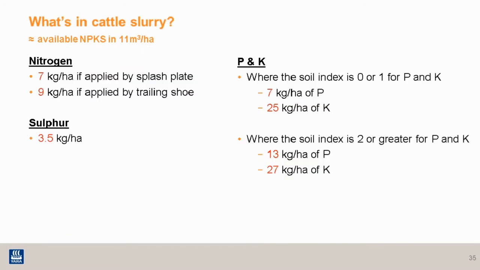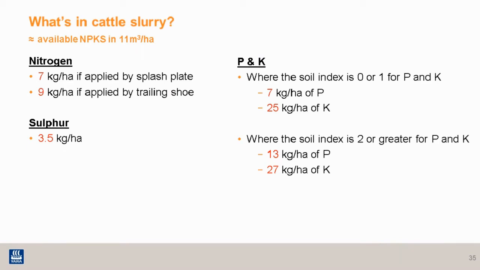We can take either the book value from section 2 of RB 209, but if you have an analysis from the lab, like LandCrop, as John discussed, that's when you can really hone in and fine tune that nutrient plan for a silage crop, or in grazing scenarios.